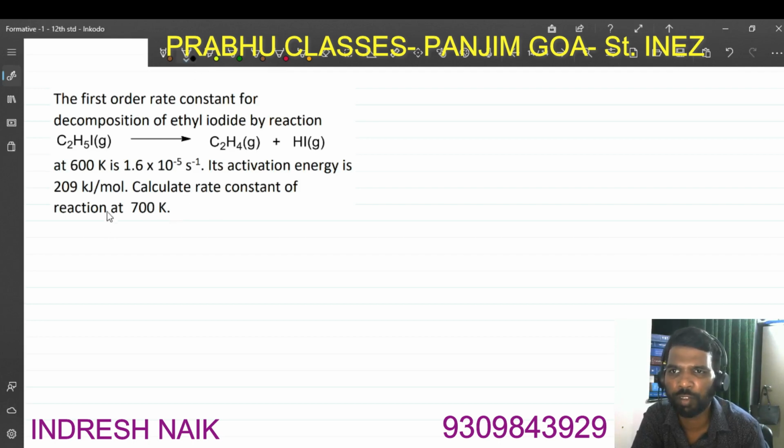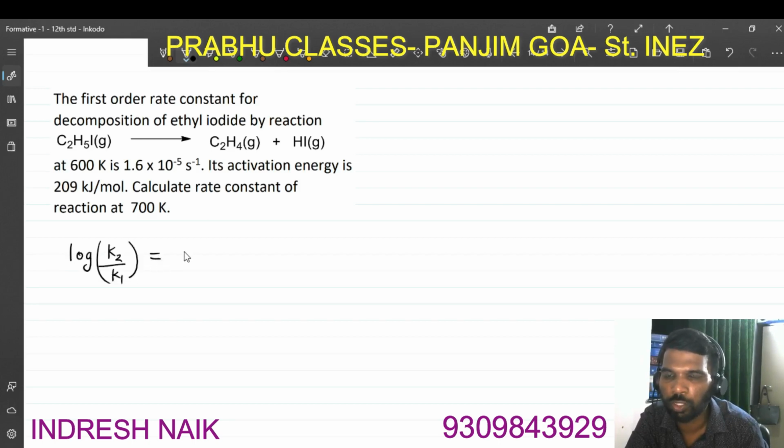Means again we'll use this formula: log of K2 upon K1 is equal to Ea upon 2.303 R, into 1 by T1 minus 1 upon T2.